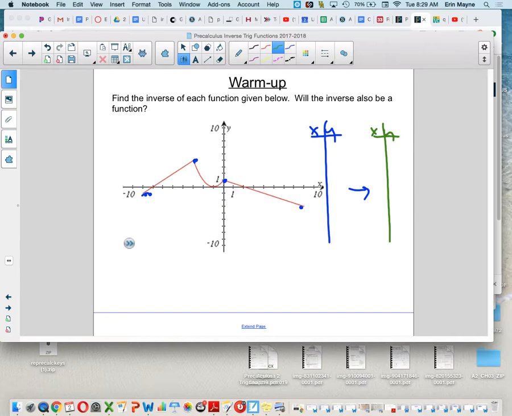Just swap it so that you then have y by itself. So by definition, this is the same.